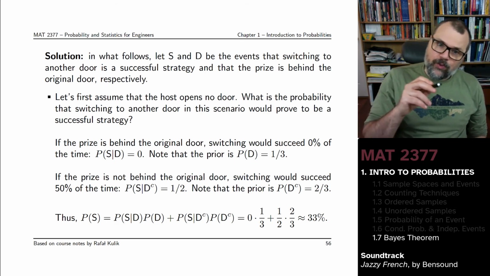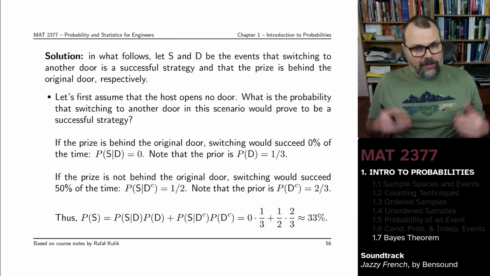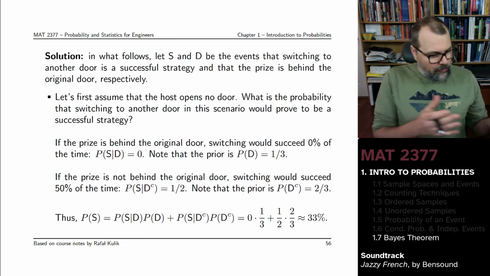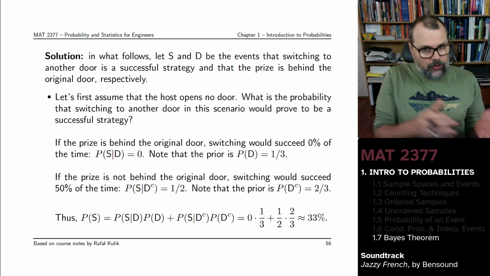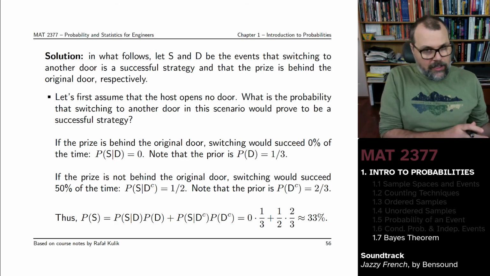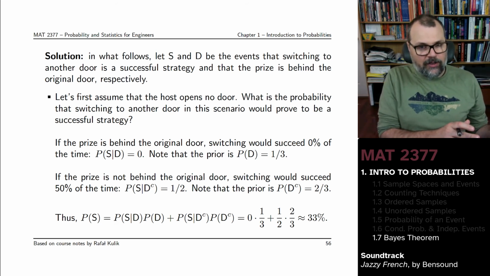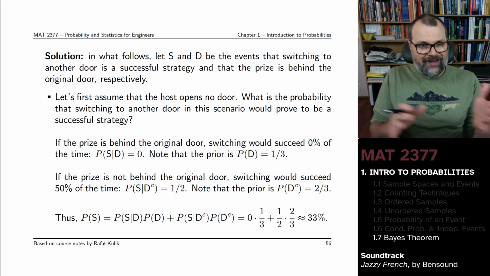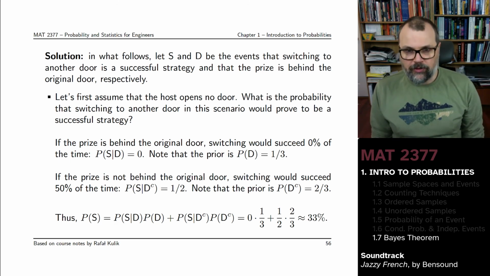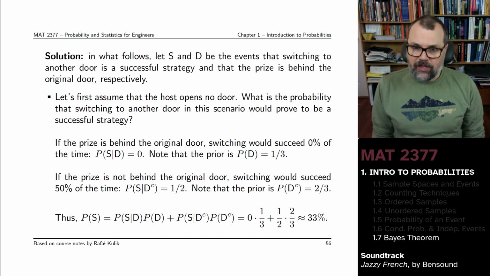Now, if the prize was not behind the original door, and these are your only two options, either the prize was behind the original door or it wasn't, and we've just taken care of the case where the prize was behind the original door. So now let's assume that it was not behind the original door. When you switch, then, you have a 50-50 chance of being successful.